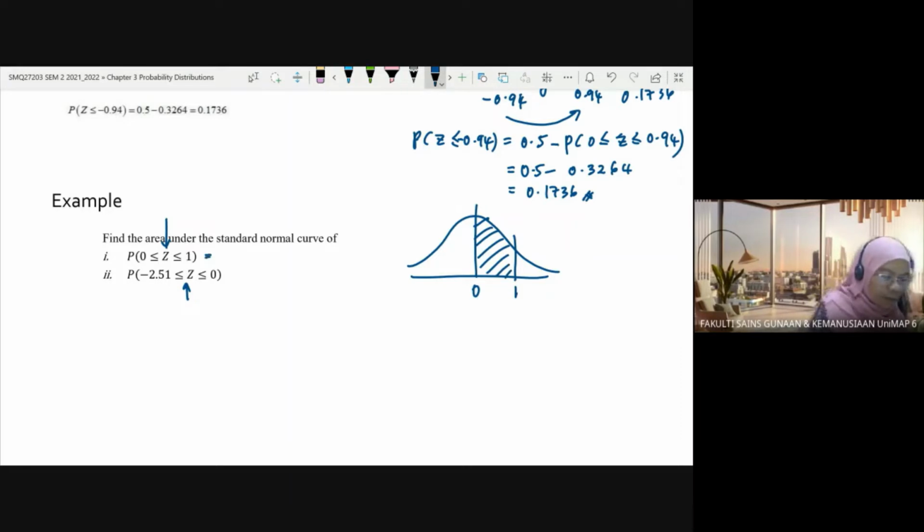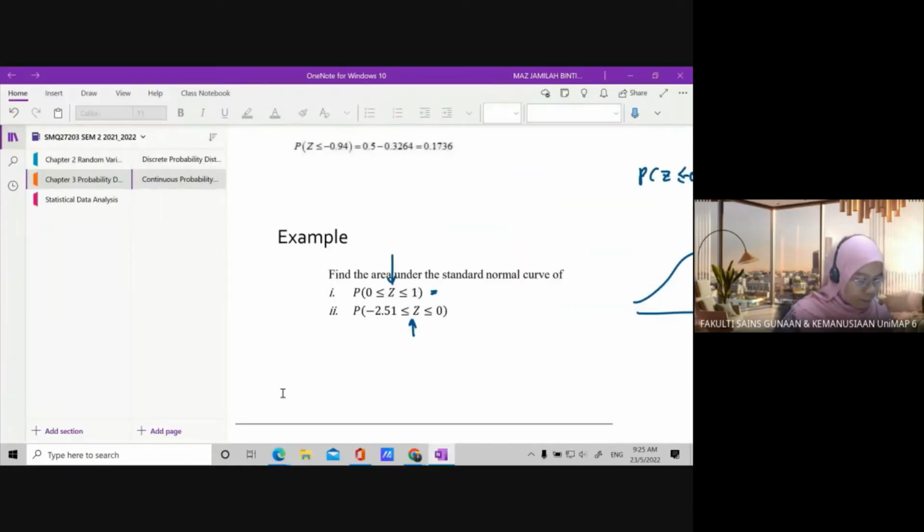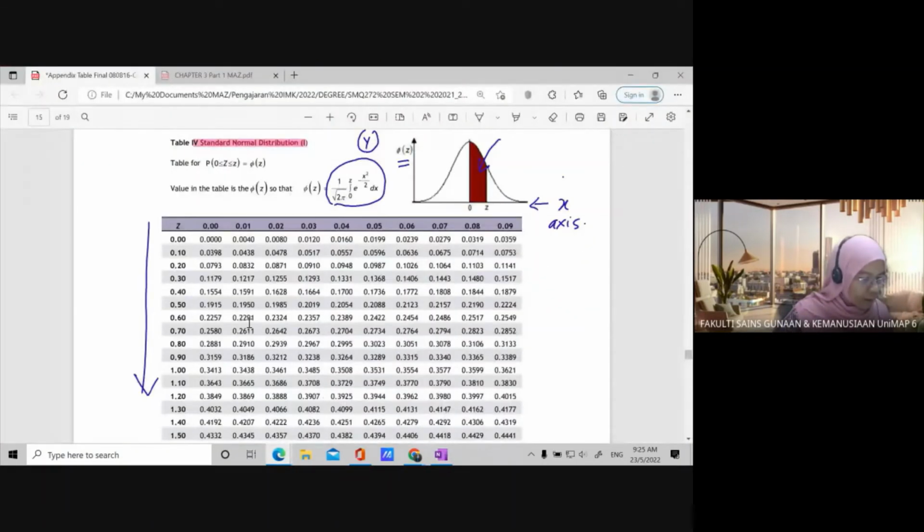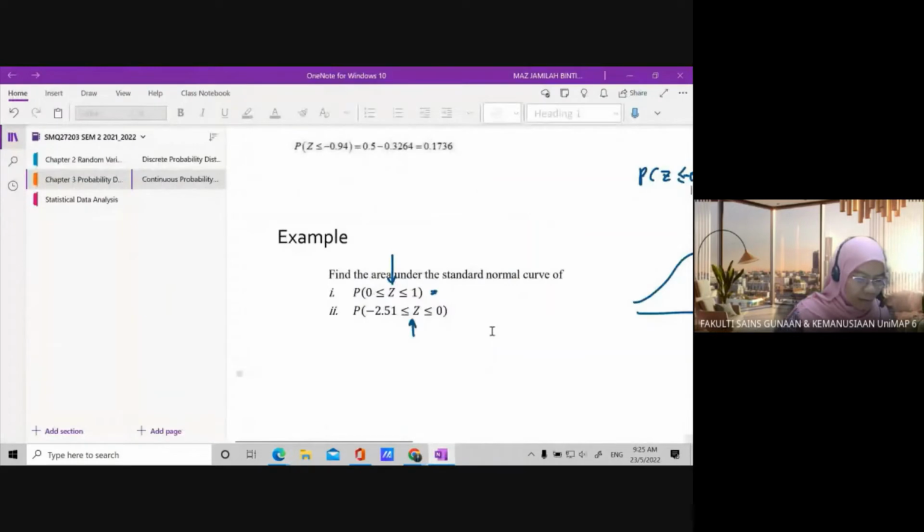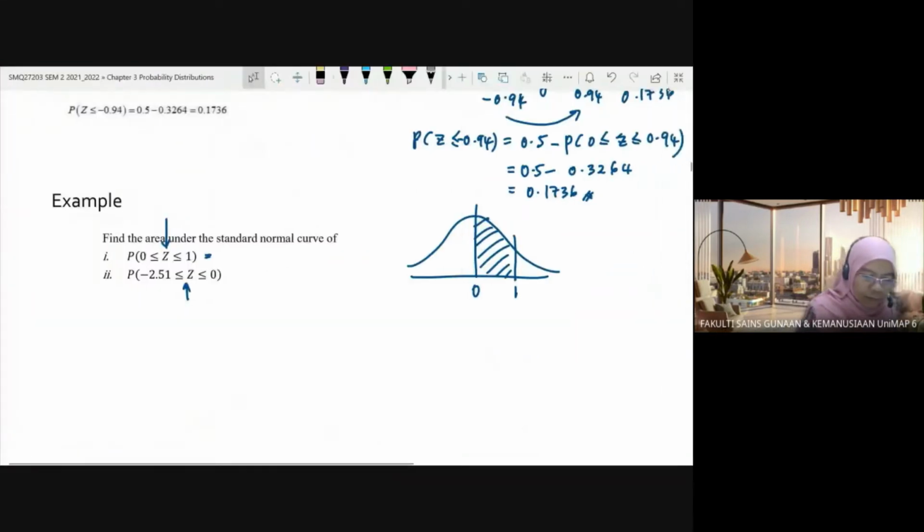Let's solve one by one. From 0 until 1, it is 0.3413 directly from the table.